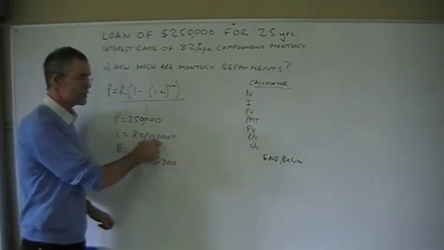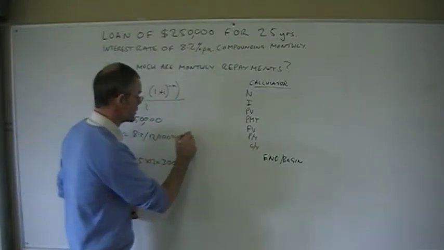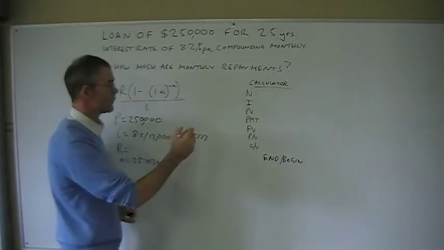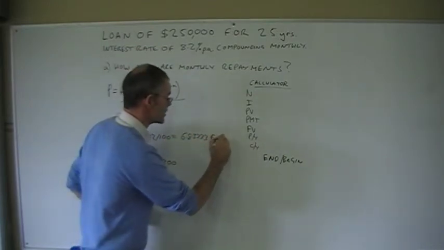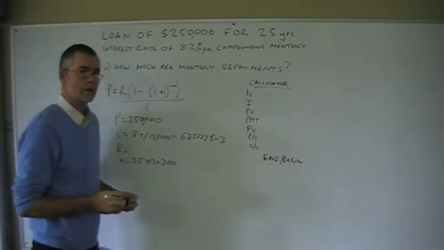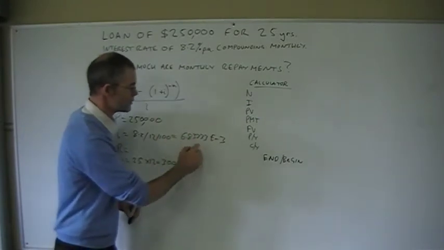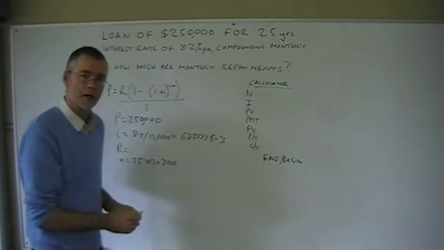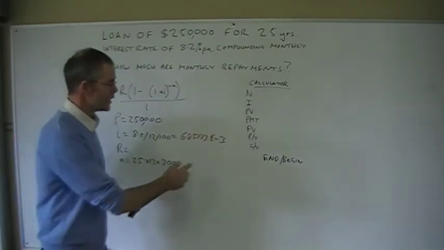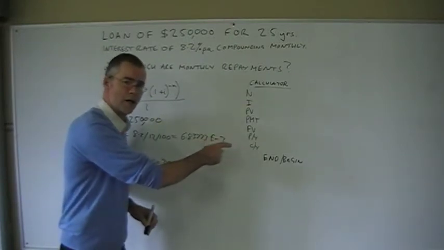This I, this lot, if you do it on your calculator, I just did it on mine, it comes to this: 6.83333. There's a lot of threes, keep going here, and at the end it says E minus 3. It's a common mistake for people to look at this I bit here and just see this bit and not really know what to do with that E minus 3 on the end, so do nothing. That's a big mistake. That E minus 3 means it's this number times 10 to the power minus 3.